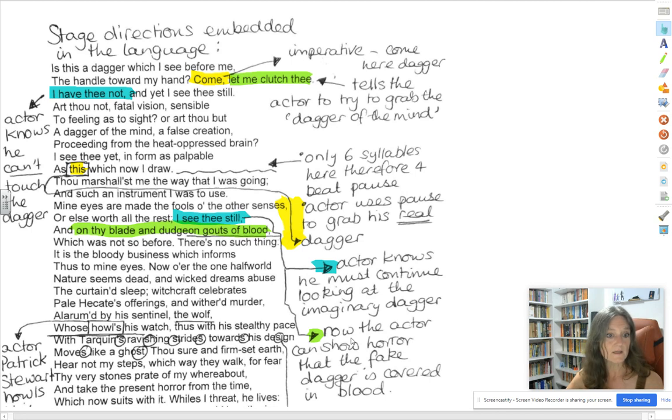Or maybe he could smile at the blood as if it's reminding him he's got to do this thing. So it depends how the actor wants to interpret Macbeth's character. But again, the fact that this dagger has appeared again and is covered in blood this time is giving an implicit direction to the actor, telling him how to act. Okay, and it carries on.